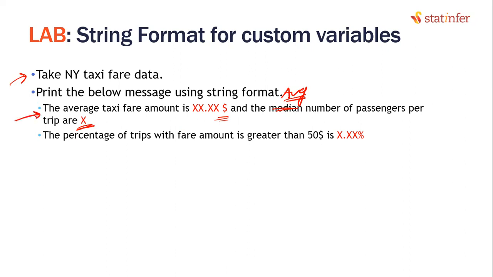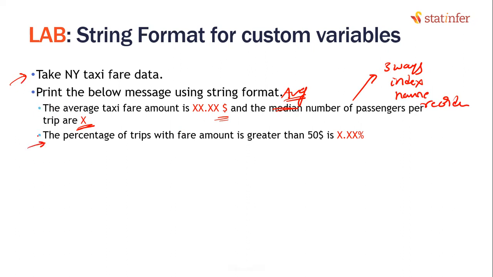So try to print it in this manner, and try different placeholders, try different methods. Maybe at least try three ways of printing: using index placeholder, using placeholder name, using reorder. Try to use three different types of printing the same value.